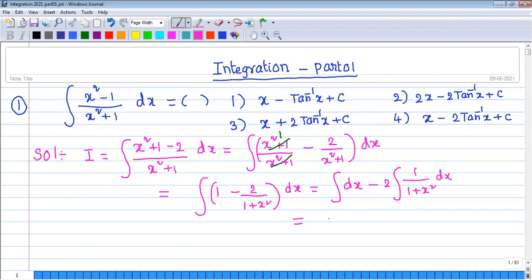Integral of dx is x, minus integral of 1 upon 1 plus x square is tan inverse x, because 1 by 1 plus x square is the derivative of tan inverse x. So we get x minus 2 times tan inverse x plus constant of integration. This is the answer. Obviously, fourth option is the right option.